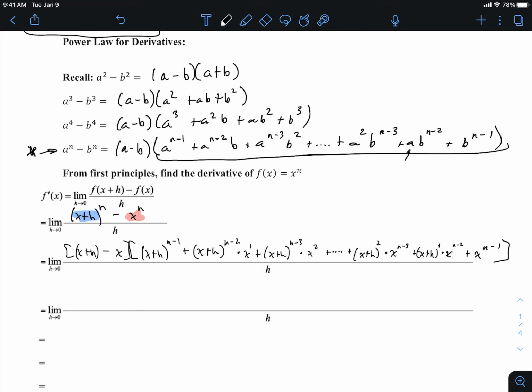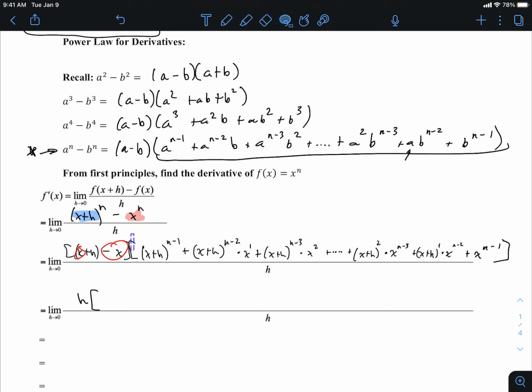Okay, what you'll see right off the top, if we were to collect like terms in this first bracket, is that the x creates a zero pair with the minus x. And what you're left with, conveniently, is h times all of this stuff.